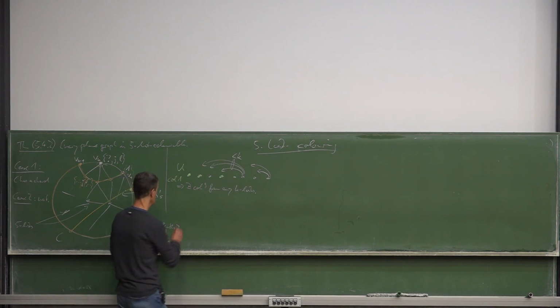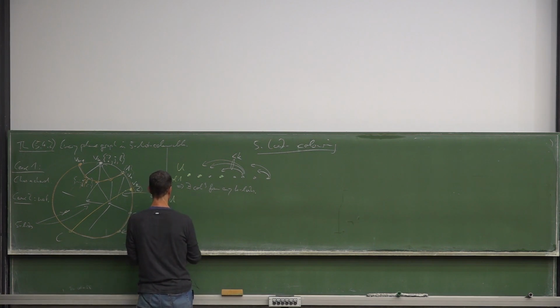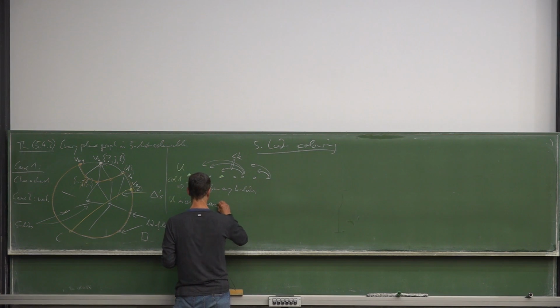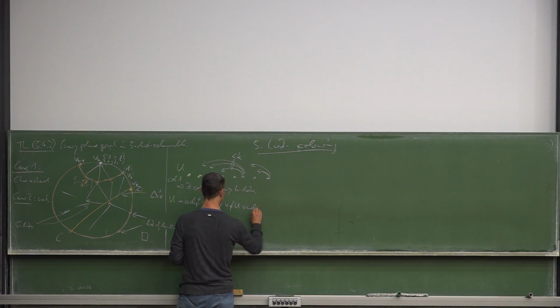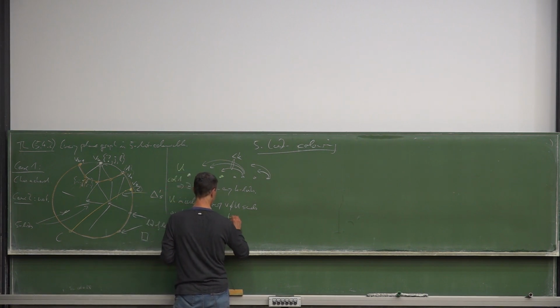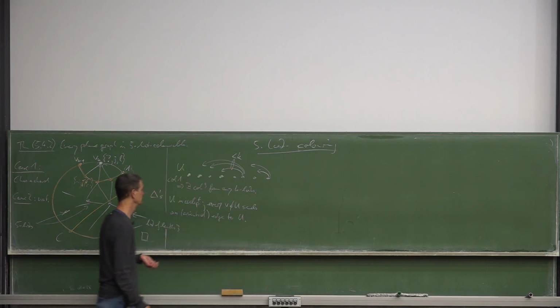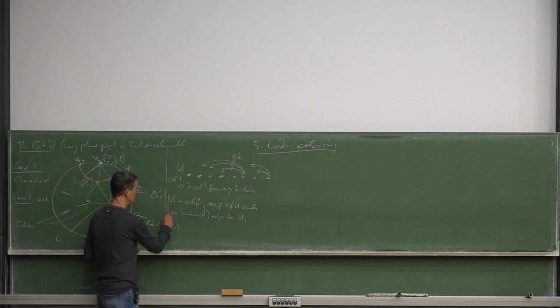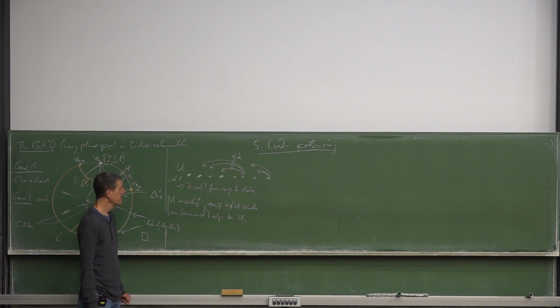All right, so U is independent, and every v not in U sends an oriented edge to U, oriented in this orientation. That's just this observation here.